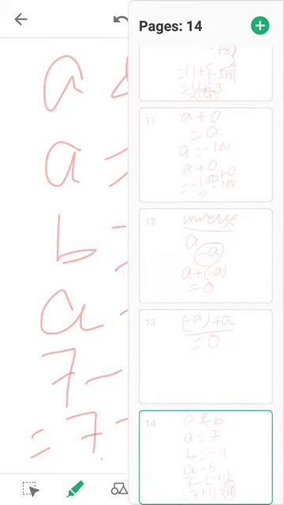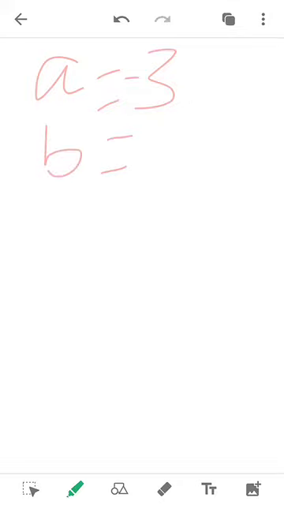Let's take another example. For that, a is equal to minus 3 and b is equal to minus 5.